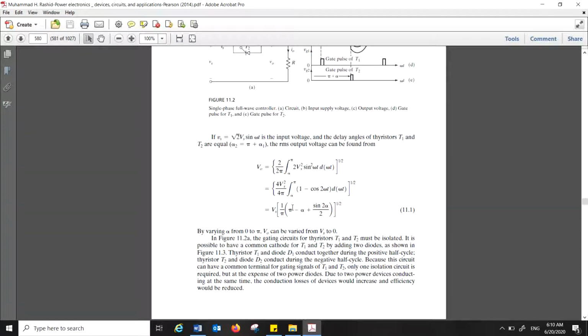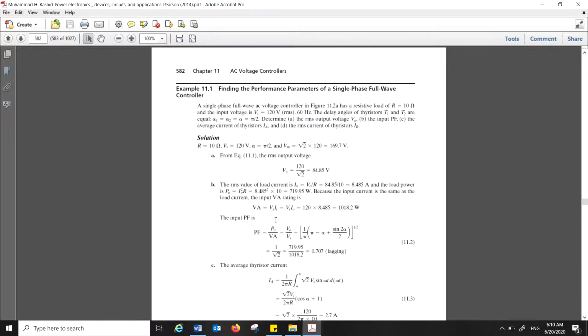And we are left with the 1 over root 2 from here. And that is 1 over root 2 into your source voltage. That is 24.85.